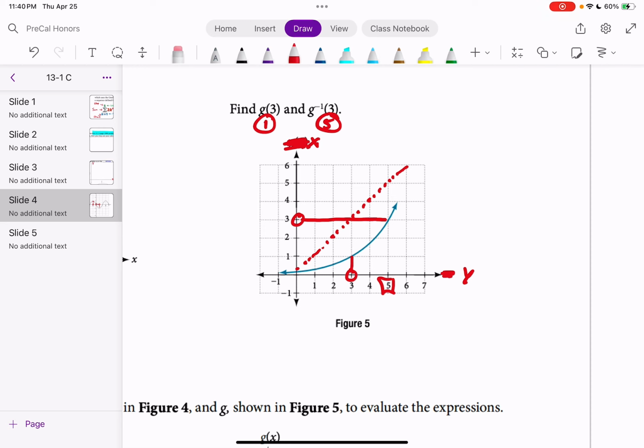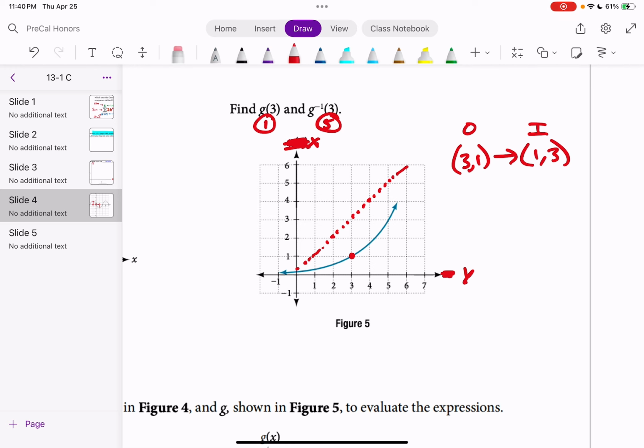If you were to do this problem using that method, the first thing you would want to do is find any location that would make it easy for you to grab numbers from. For example, 3, 1, this spot right here. This is your original. If we're going to the inverse, the position would just change and flip around so that x would be 1 and y would be 3.